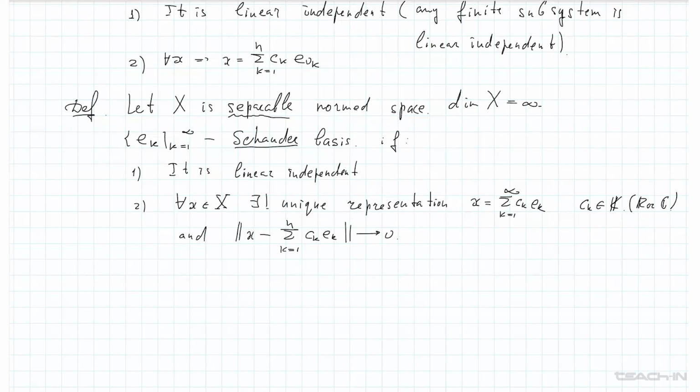All this set of finite sums with c_k from rational numbers is countable. So we have a countable dense set. So if we have a Schauder basis, our space must be separable.